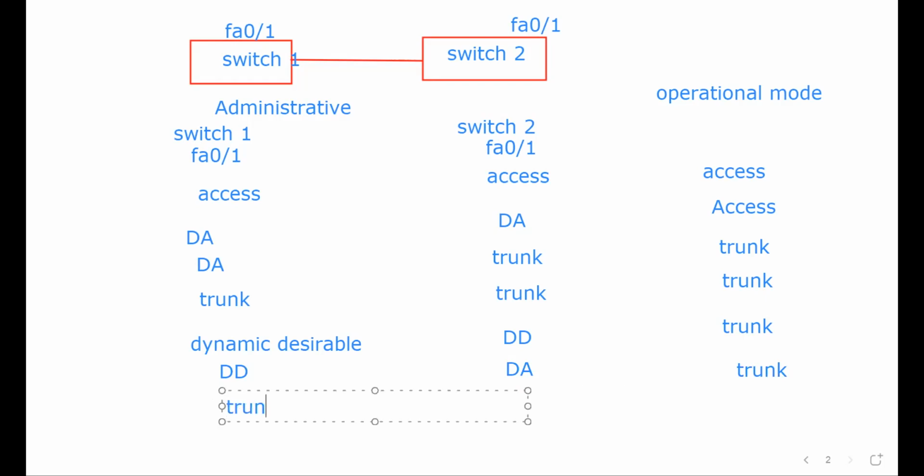When switch 1 is in trunk mode and switch 2 is in access mode, the operational mode is access. When switch 1 is in dynamic auto and switch 2 is in access, it is access.